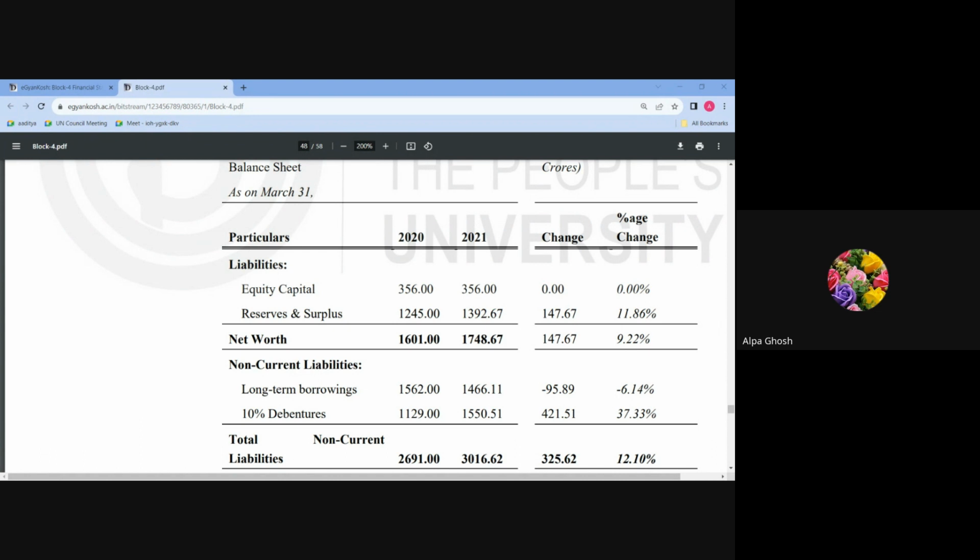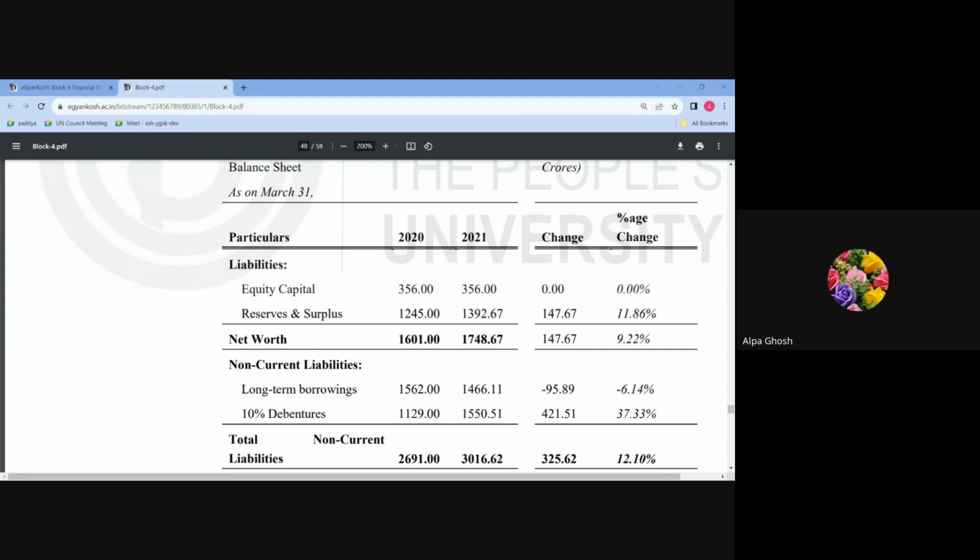The third column is change and the fourth column is percentage change. So the first column, particulars, the second column, previous year, and the third column, current year, all three will be given to you in the question.